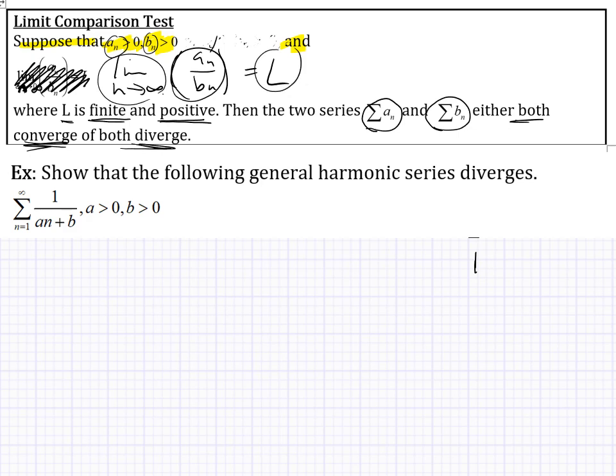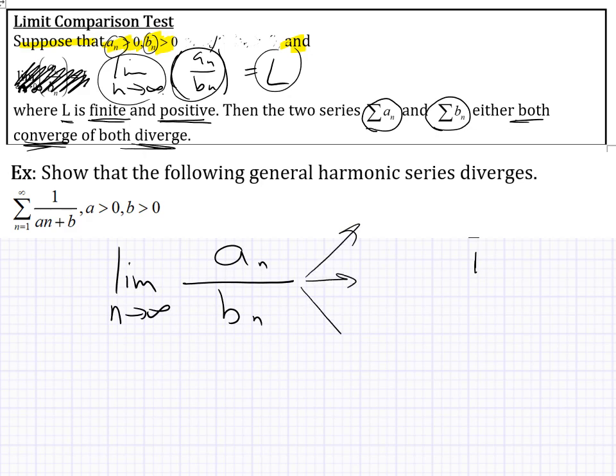Now, there's some reason behind this, and it has to do with what we've learned about limits along the way. One thing I've talked about with limits is the limit as n goes to infinity of some quotient. Okay? Think of this as just a regular old quotient, a sub n over b sub n. We talked about how there's basically three different versions of this limit as n goes to infinity. One is we get 0.